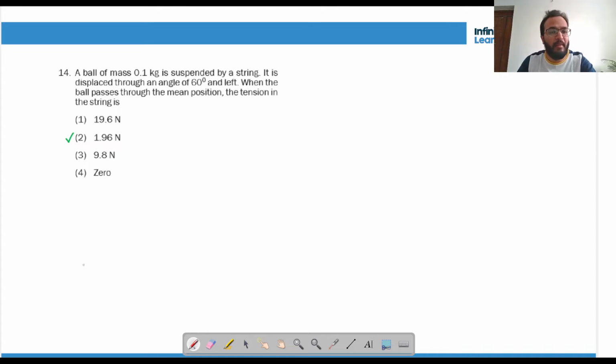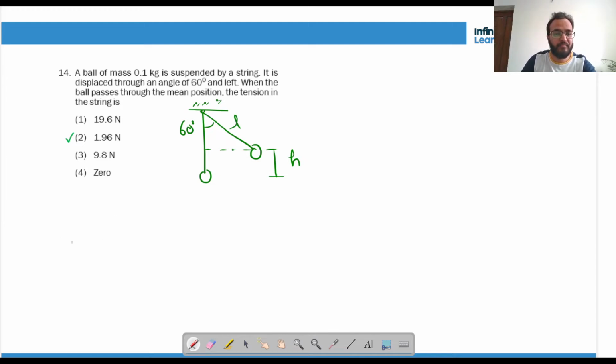Okay, a ball of mass 0.1 kg is suspended by a string. It is displaced through an angle of 60 degrees and left. Okay, no problem, we have done this kind of thing. So this is 60 degrees, right? So this is your H, this is your L. So you can say that this length is also L completely.